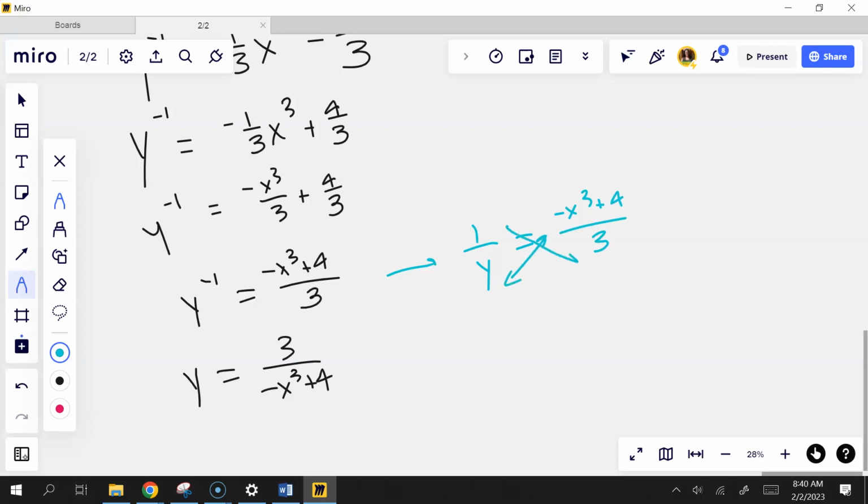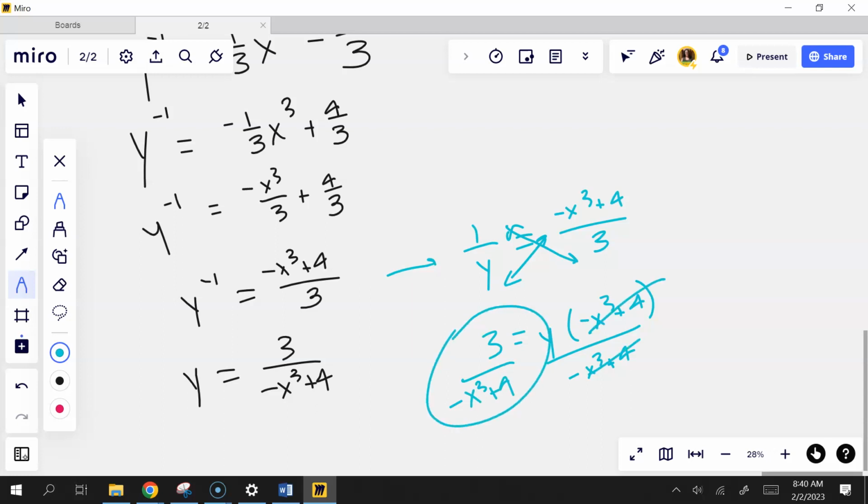Yep, that's the answer. I could cross multiply. So 3 equals y times negative x cubed plus 4, and then divide. Any way I do it, I should come back to the same answer. Just however you see it best.